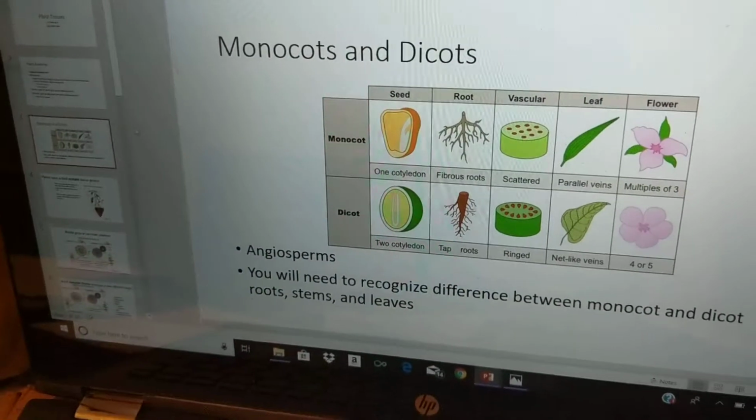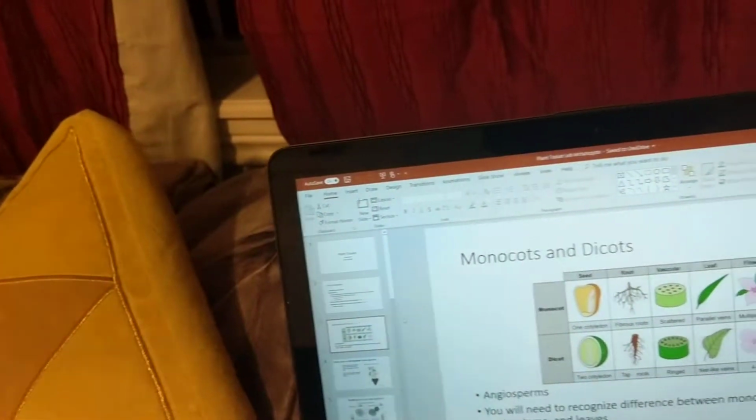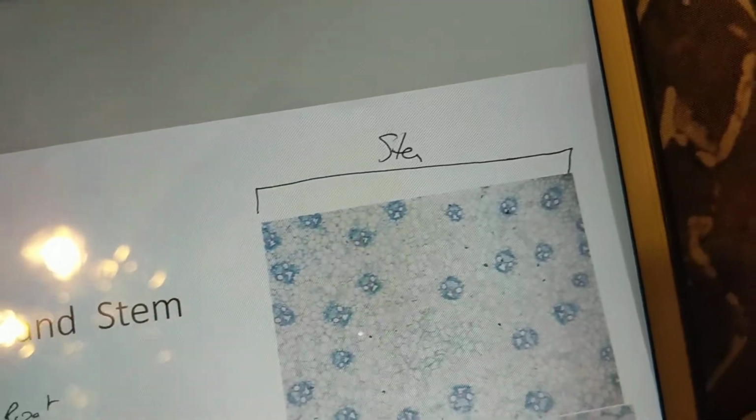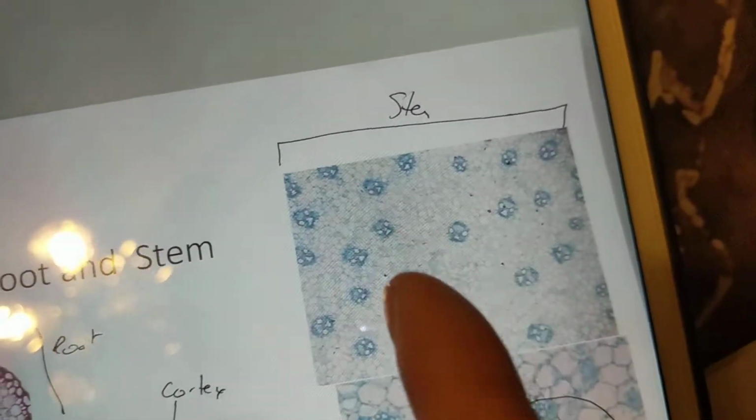They're not organized. Let me show you an example of that right here. There's no organization whatsoever in the vascular arrangement of the stem.